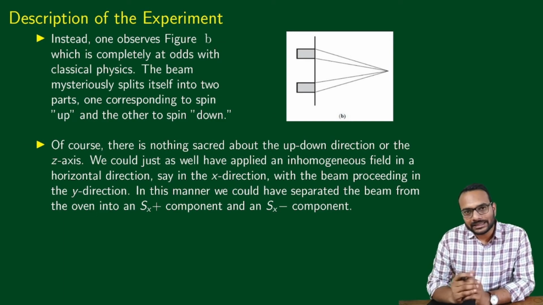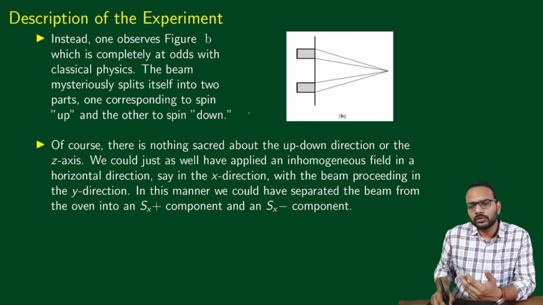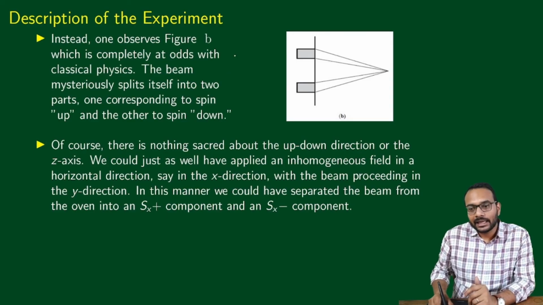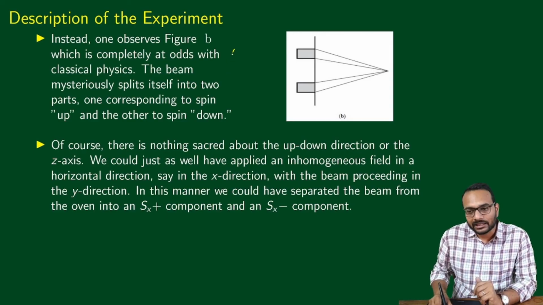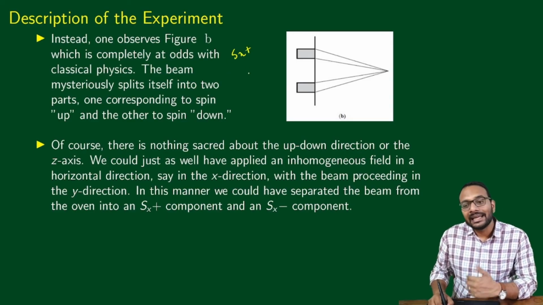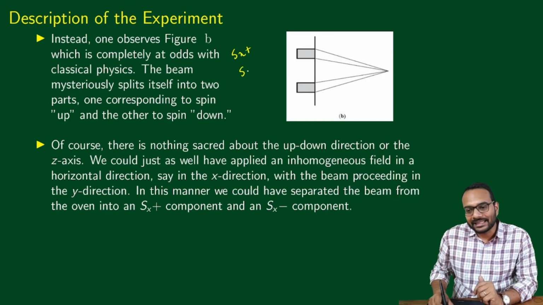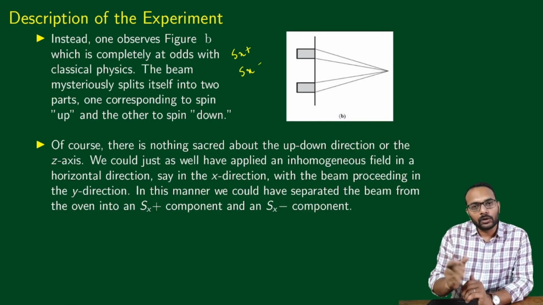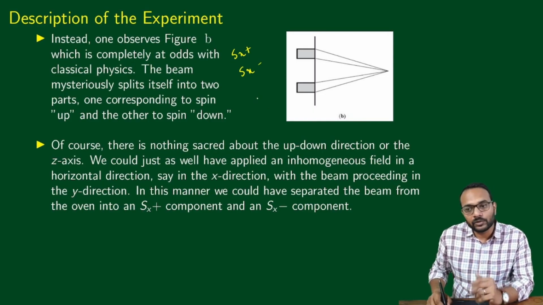Now, there's nothing really special about the z direction. We just chose the z direction to put the inhomogeneous magnetic field in. You could have put the inhomogeneous magnetic field along the x direction, and then you will see that the beam would split corresponding to two possible values of the x component of spin, Sx plus and Sx minus. You could have put the inhomogeneous magnetic field along the y direction, and you will see that the beam would split corresponding to two possible values for the spin along the y direction, Sy plus and Sy minus.